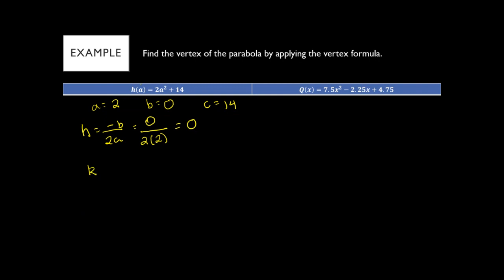So now we need to find k, which in this case is going to be h of 0. Again, it has the letter h as the name of the function. And so in this case, this h is not the number that we just picked. We're referring to the function name. So that's something that can get confusing with math. And so sometimes it might be useful to maybe color code.